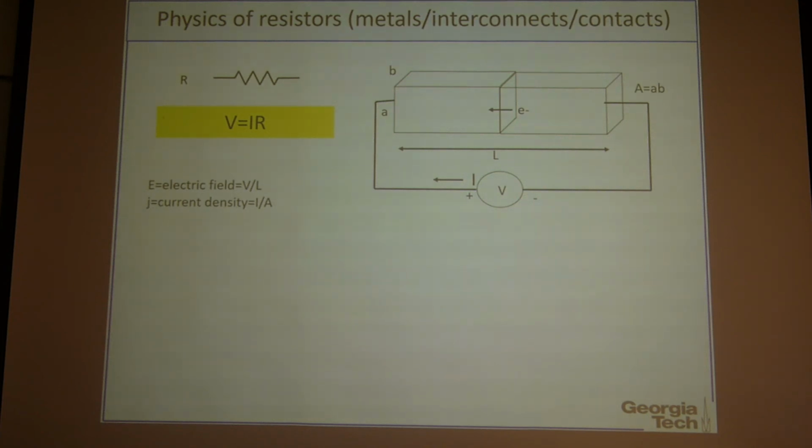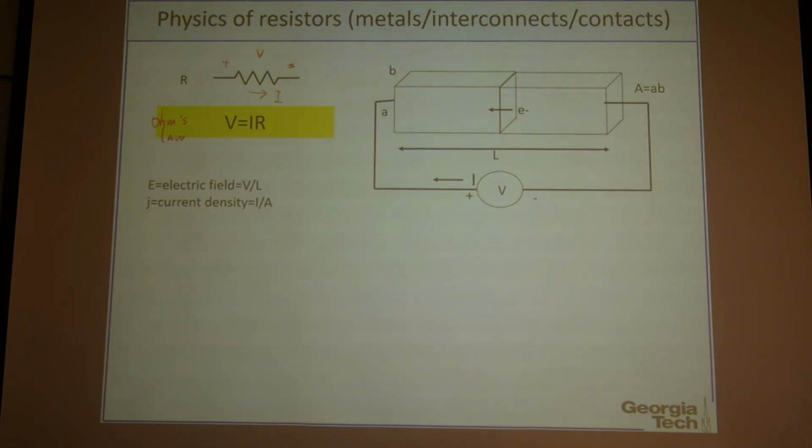So this is simple. Ohm's law: the voltage across this resistor is proportional to the current, and this coefficient is called resistance. So everyone knows this.